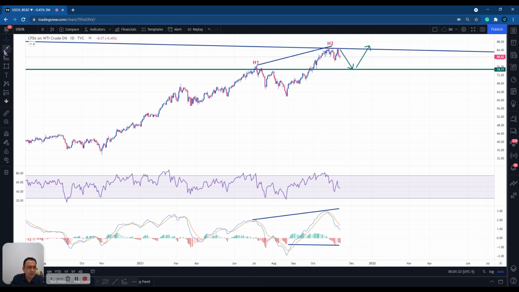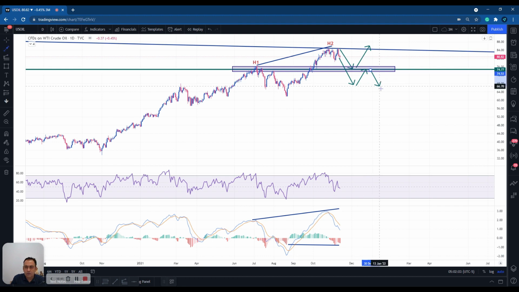And if it breaks this area, then the bullish view will be invalidated. If it breaks the support area, then we are out of the bullish scenario.